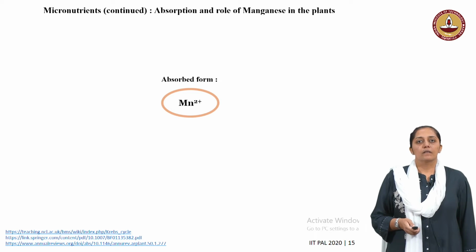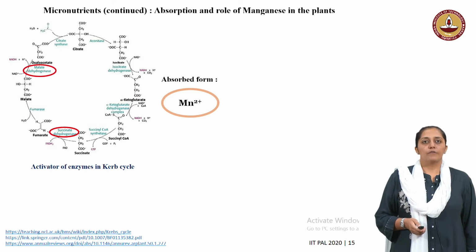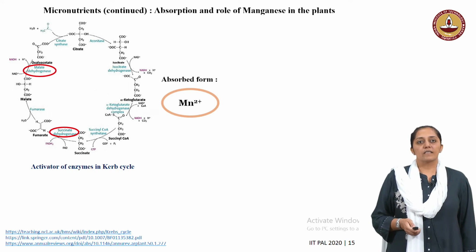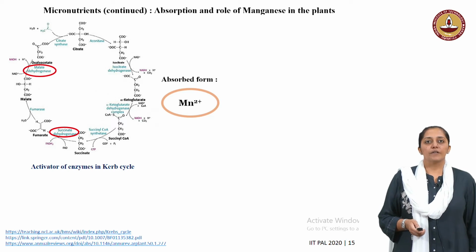Manganese again is absorbed in its ionic form. It is used as an activator for certain enzymes in the Krebs cycle like succinate dehydrogenase and malate dehydrogenase.